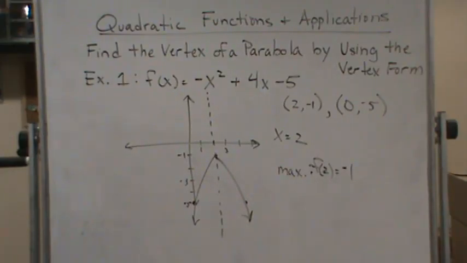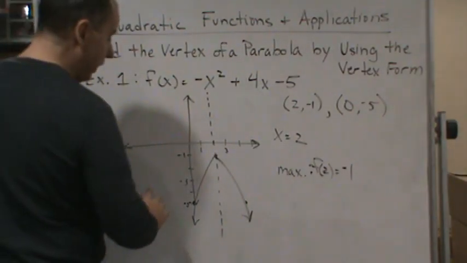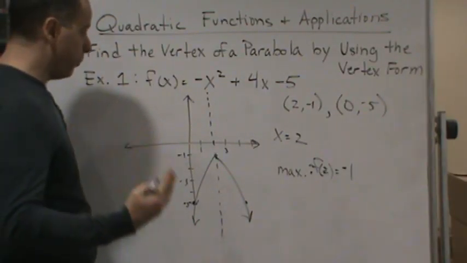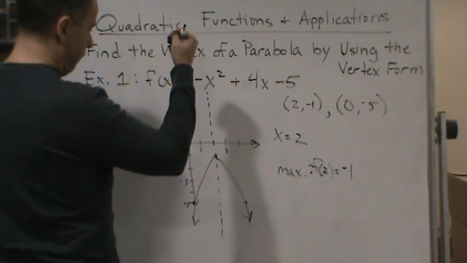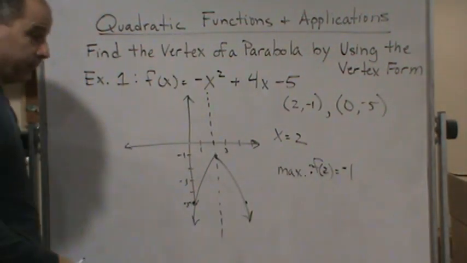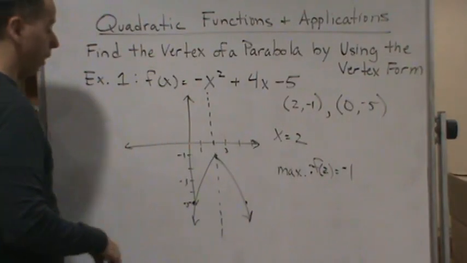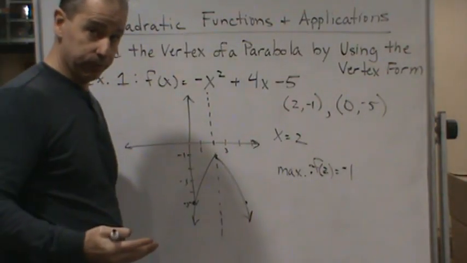Okay? Now the domain and range. The domain is always going to be all real numbers. The domain of a quadratic function, in fact of all polynomial functions that we'll talk about later, is always all real numbers.